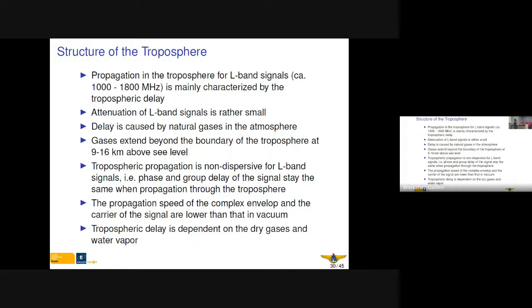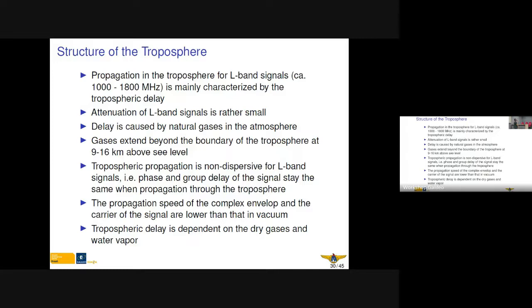Attenuation of L-band signals is rather small, and rain effects and so on are not that prominent. For higher frequencies, this attenuation is more prominent. So when we go for 5G, 6G communication standards with high frequencies above 20, 40 gigahertz, we have to take care of the troposphere. But for L-band, this is not so prominent.